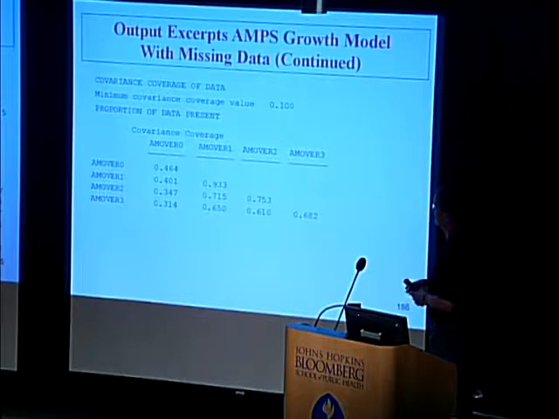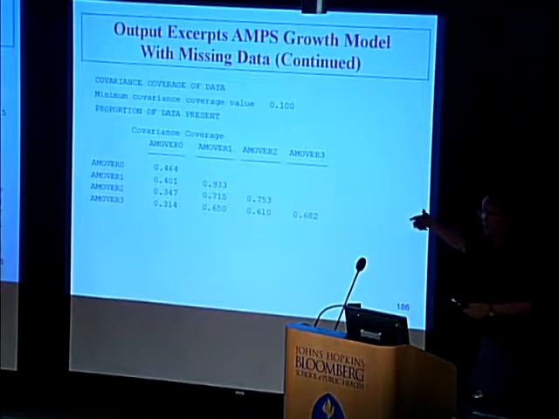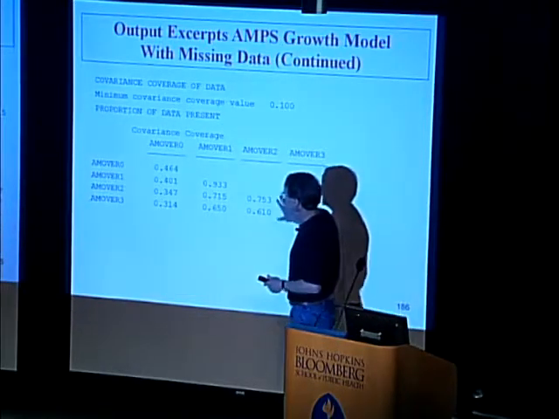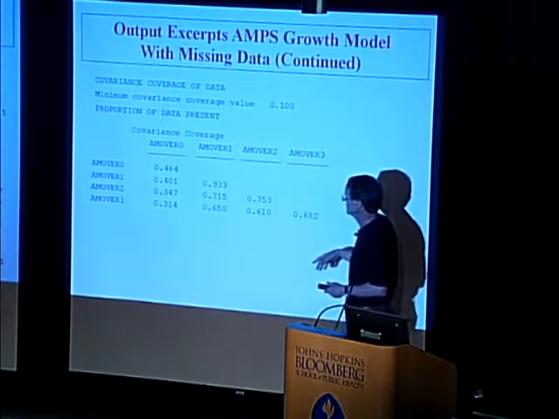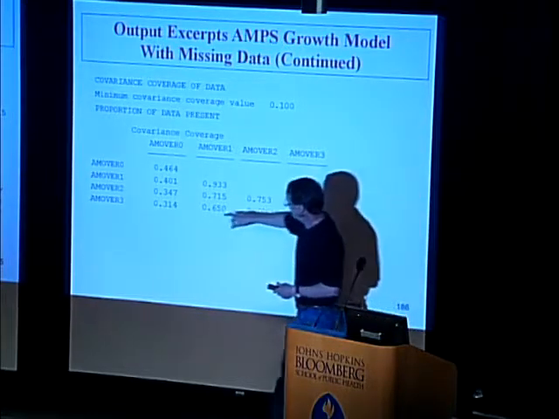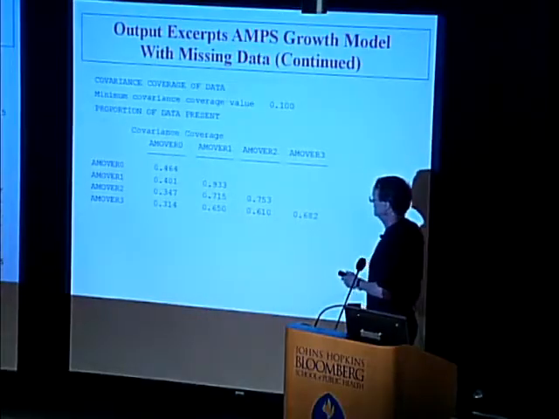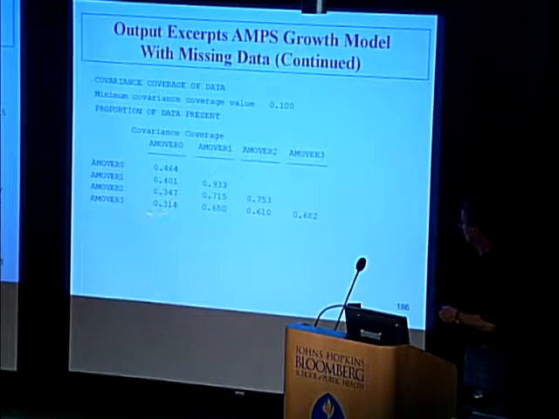And in fact, when you estimate the H1 model, the unrestricted model, which will give you the regular chi-square for this growth model, you actually have a hard time estimating the variance-covariance matrix if you have low coverage. For instance, if it said only 0.05 here, only 5%, you would have a very hard time for this algorithm to converge to an estimated value.